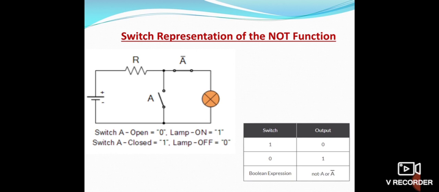So we have to check two conditions. When A equal to 1, the output is 0. A equal to 1 means the switch is closed. So the current will flow in this direction.